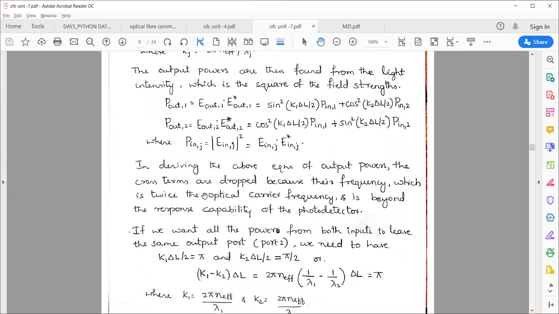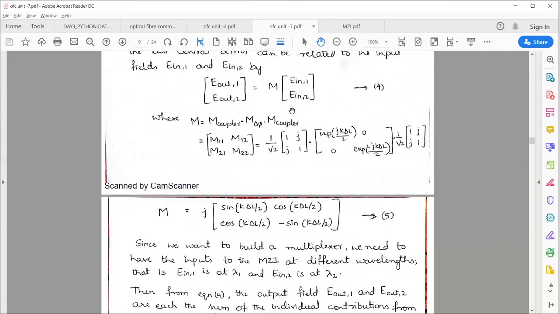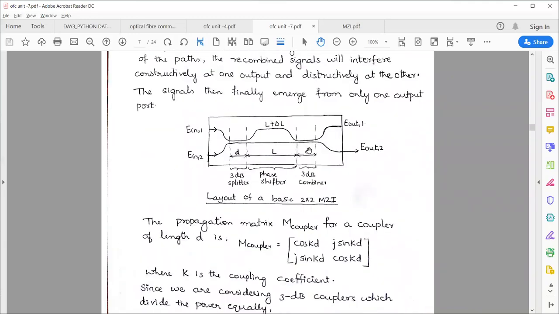Because you can come back to this expression here. If you take this P out 1 expression, as we have stated earlier, the constructive interference will occur only at the second arm of the multiplexer, and the destructive interference will occur at the first port.